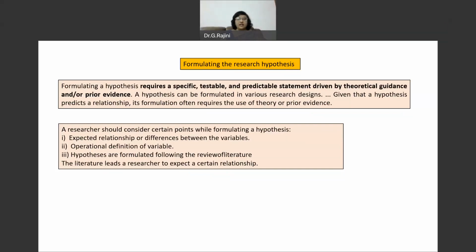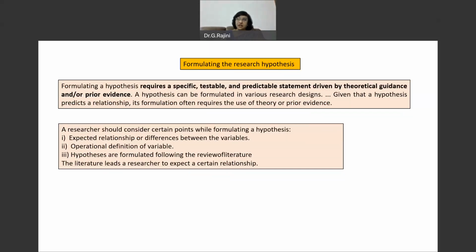So likewise, as I've told you, the hypothesis should be formulated following the review of literature as well. Mostly all of the literature says employee satisfaction is the ultimate thing we need to look into, because a satisfied employee is considered to work better, to be retained inside the organization, and to be very productive.